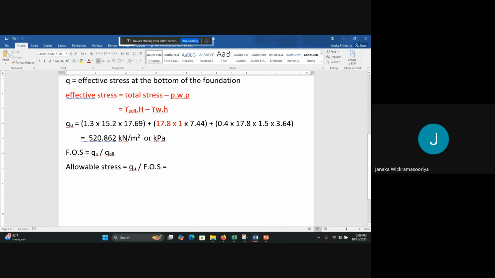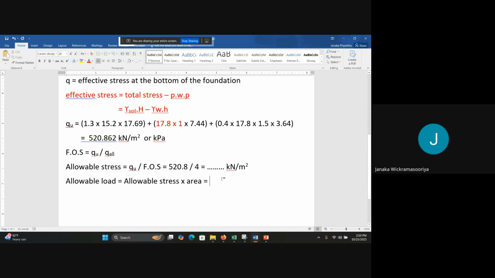That means 520.8 divided by 4. This will be in kilonewtons per meter square. But what we need is the allowable load. To find the allowable load, the allowable stress has to be multiplied by the area.